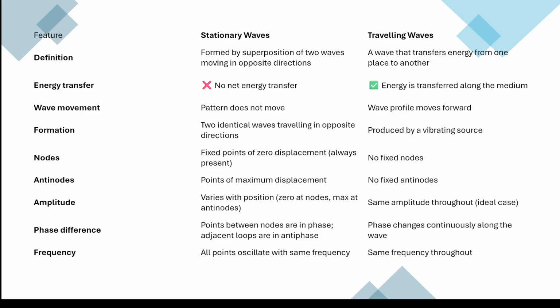You can pause and read through it. Sometimes they are part of the multiple choice questions, the differences and similarities. Sometimes it's a 1 mark or 2 mark question. So it's a simple question. There's no point losing marks on this one.